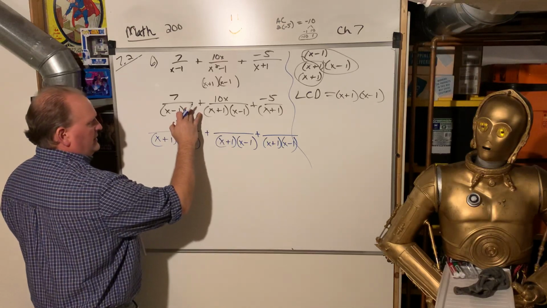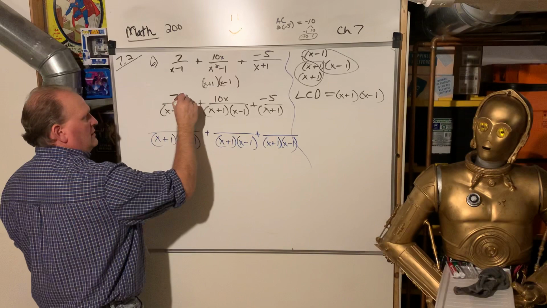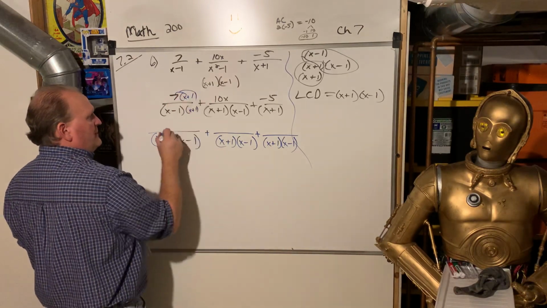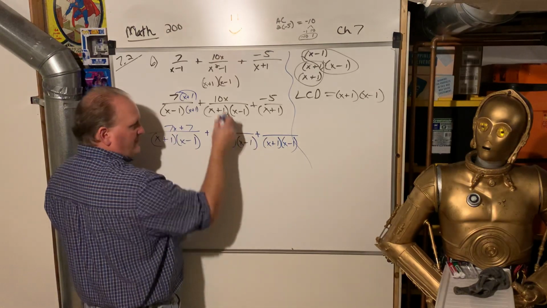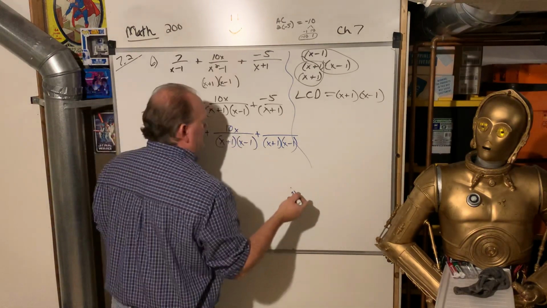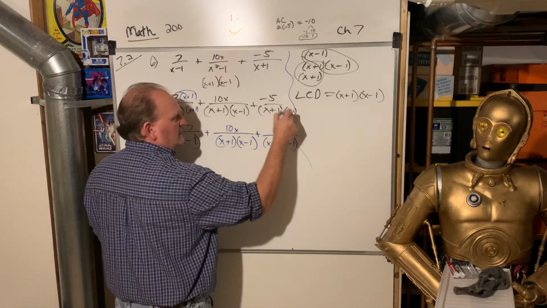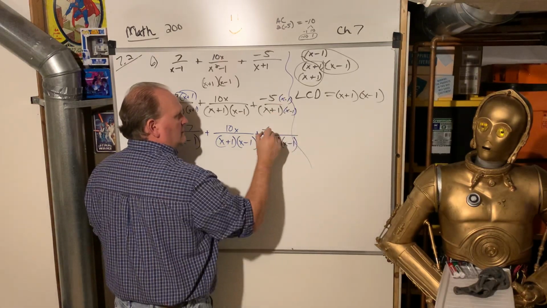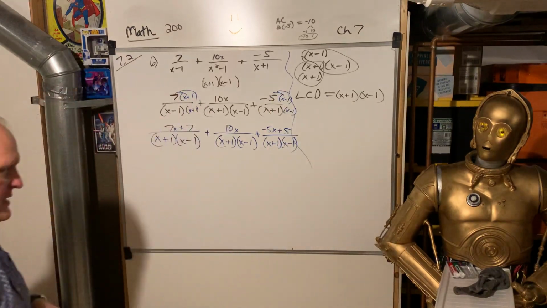What's missing? Well, it's got the x minus 1, but it doesn't have the x plus 1. And then we do the distributive properties, 7x plus 7. It's got both of them, so just 10x. It's got the plus 1, but not the minus 1. Okay, -5x plus 5.